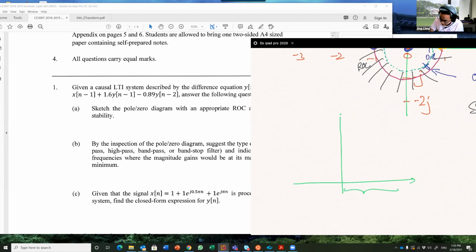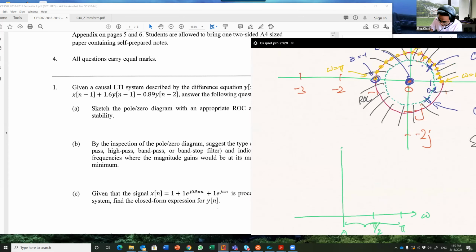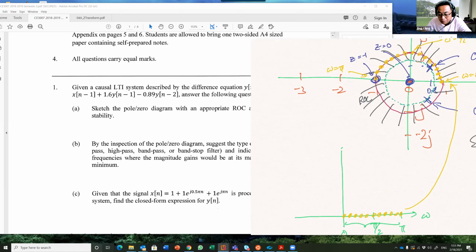You can also understand it from this point of view. You go from 0, pi over 2 to pi for different omega. So as you are traveling along this line, you're traveling also along this line in this picture of the unit circle. Where did I talk about this?